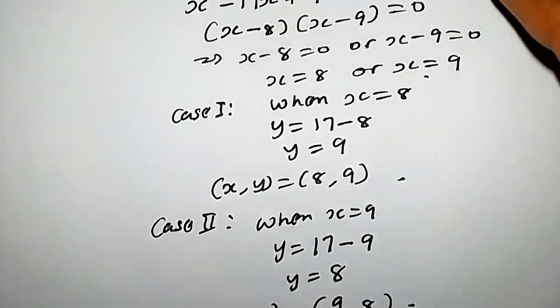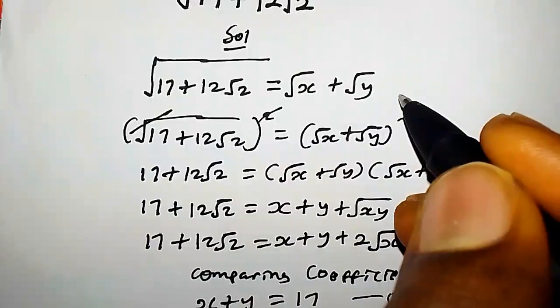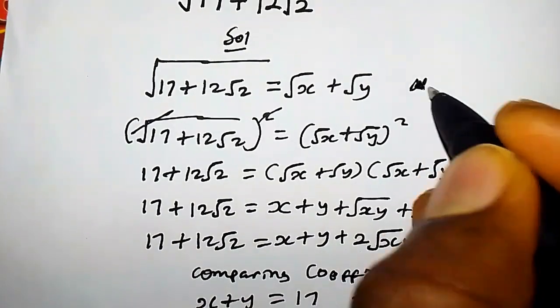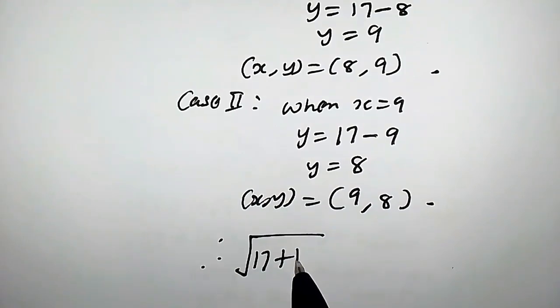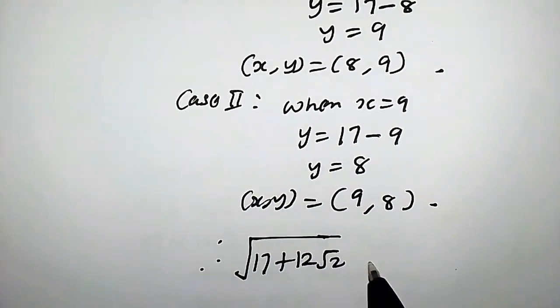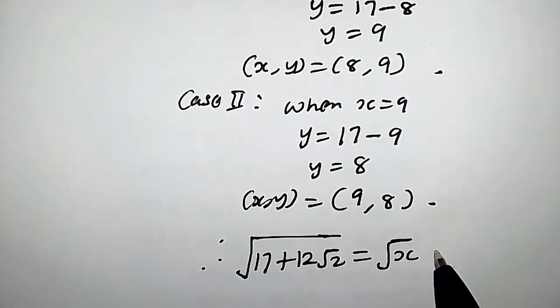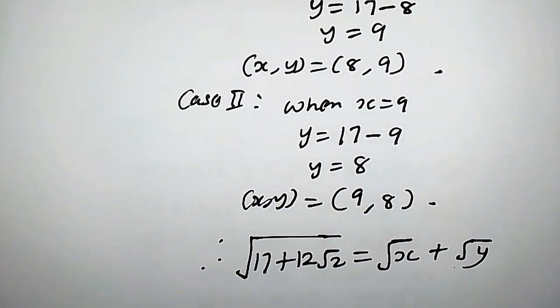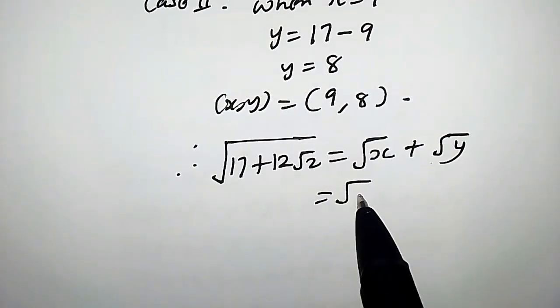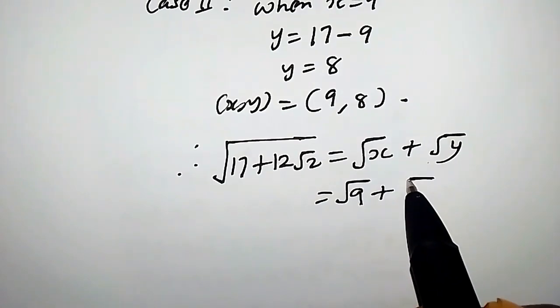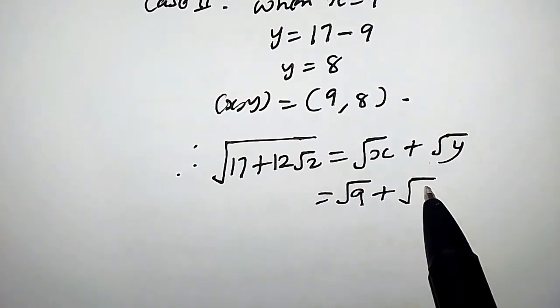Now back to our supposition, that is this. Therefore, square root of 17 plus 12 times square root of 2 equals square root of x plus square root of y. So when x equals 9, we're going to have square root of 9 plus square root of 8, when y is 8.